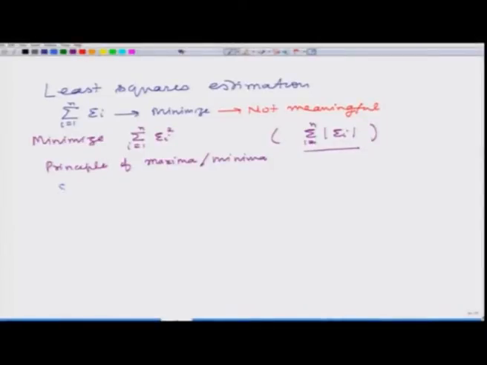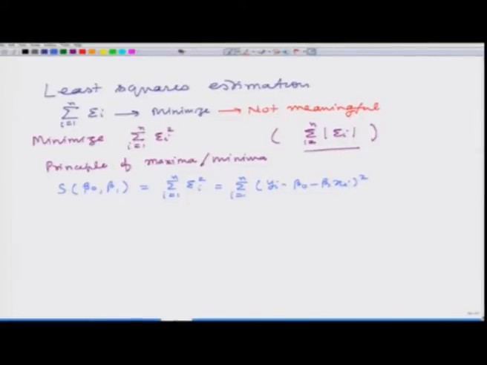So, let me write the summation of epsilon i square as a function of beta 0 and beta 1, S, which is the summation i goes from 1 to n of epsilon i square. This can also be written as the summation i goes from 1 to n of (y i minus beta 0 minus beta 1 x i) whole square.